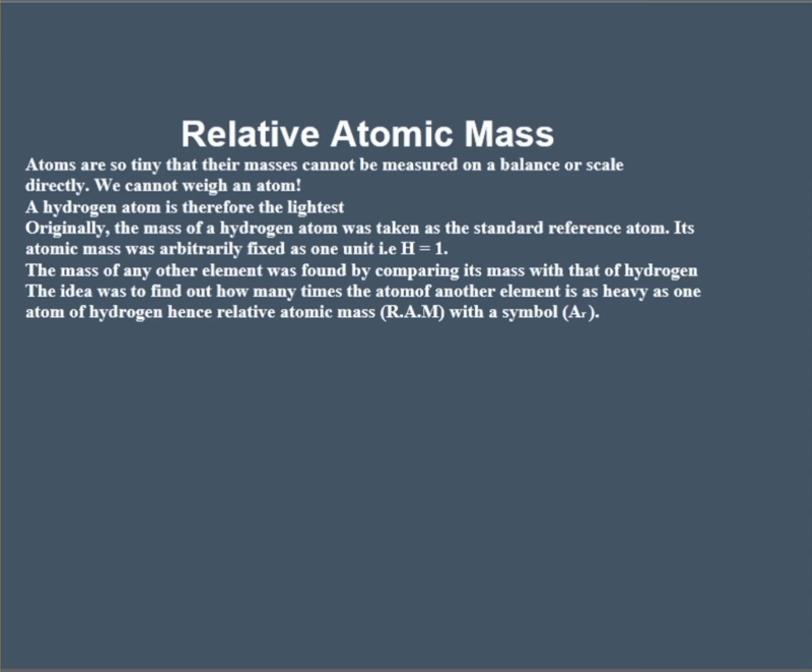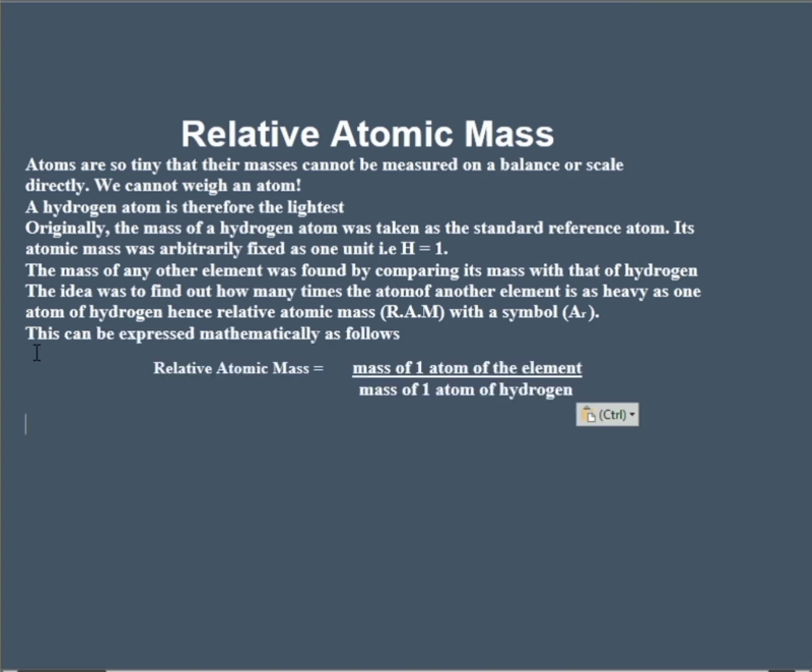Remember, we will be calculating the relative atomic mass of different elements. The formula is: relative atomic mass equals the mass of one atom of the element whose mass you want to know, divided by the mass of one atom of hydrogen. This was the formula we used before.